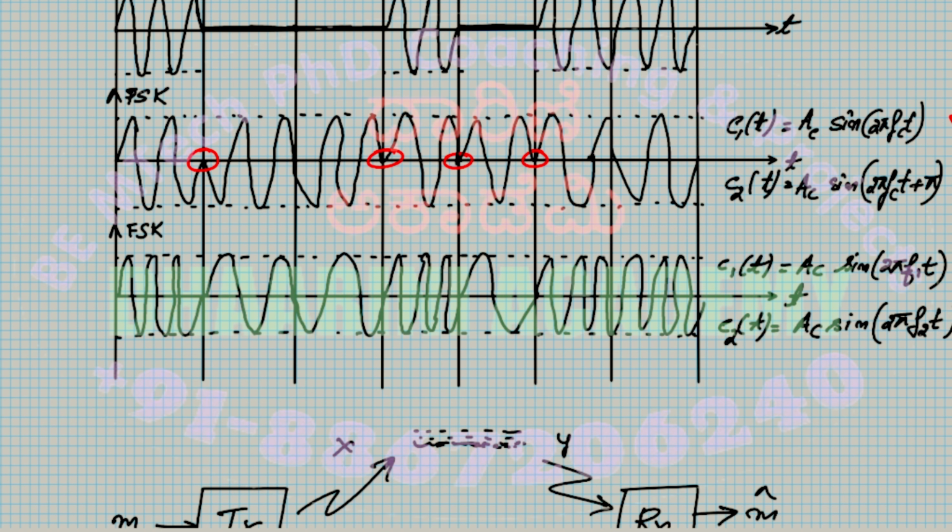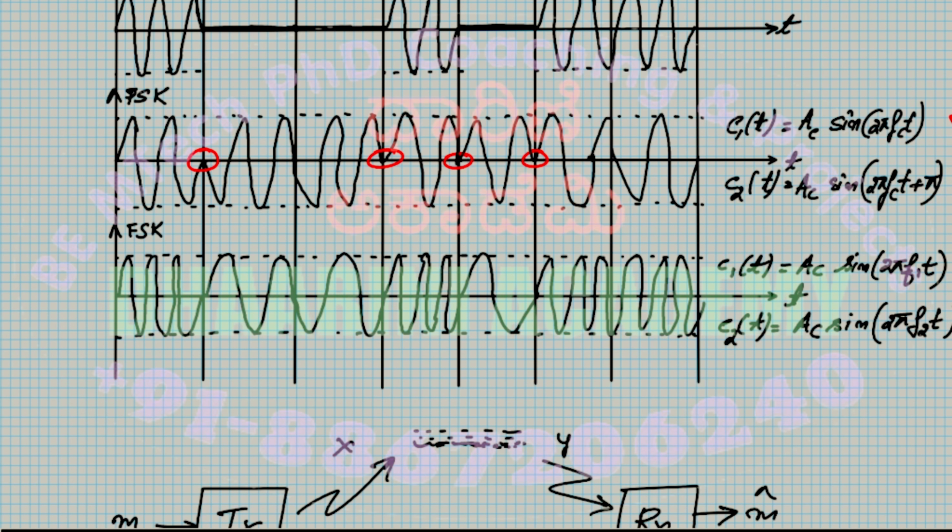C1 of t is Ac sine 2 pi F1 t, and the other one is Ac sine 2 pi F2 t. Okay, all right. So you see, whenever one is sent, I am assuming in this case F1 is greater than F2. The first signal C1 of t has a higher frequency than C2 of t, that is F2, right?